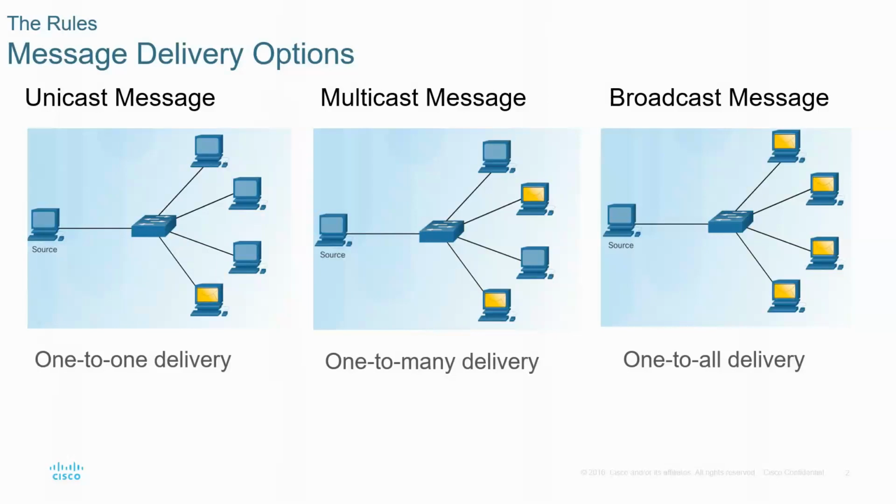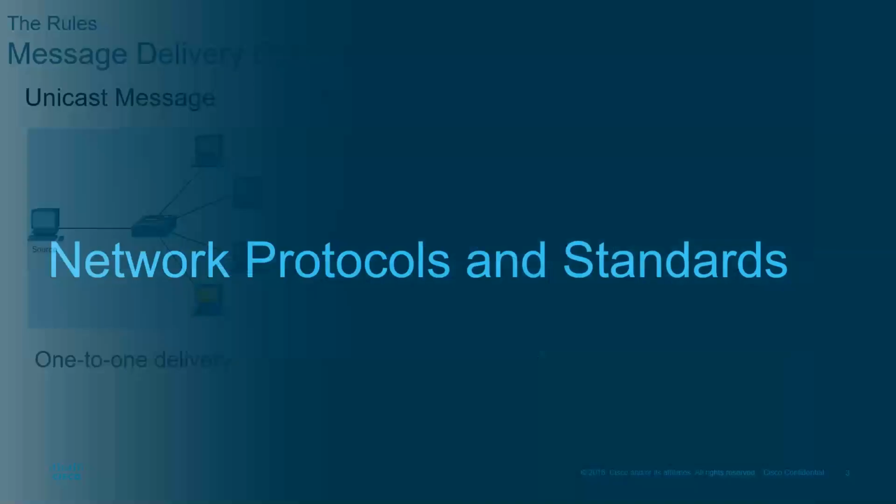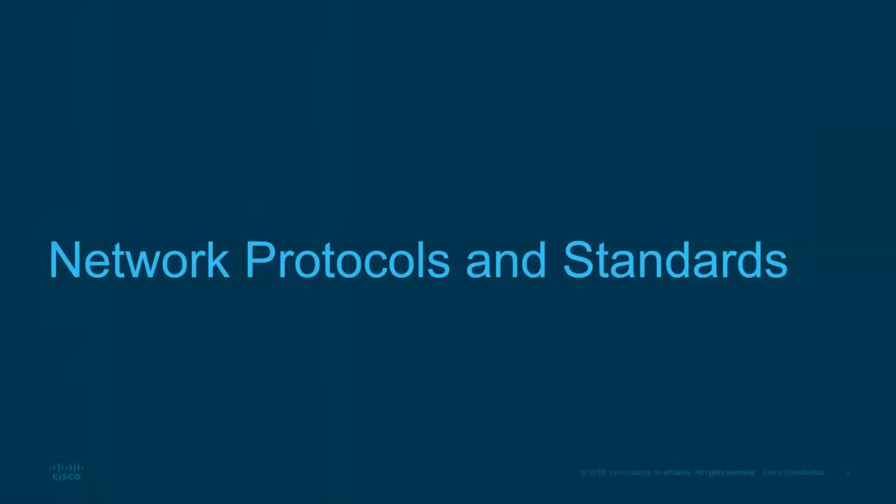And if you want to receive this packet, then prior to that, you must have registered with the router to tell the router that you are actually going to be a member of this group. And so the router, when it receives a message addressed to that group, it forwards it to all the members of the group. But these are basically the three main message delivery options or modes. That's what we are going to be studying in depth in this course.